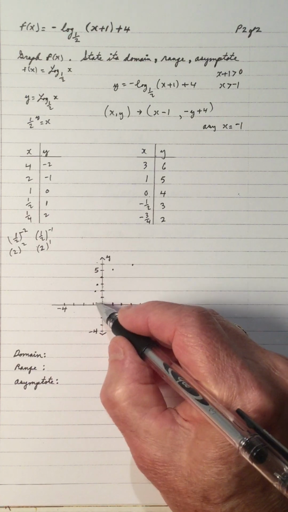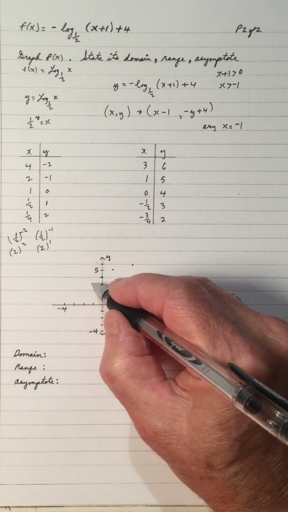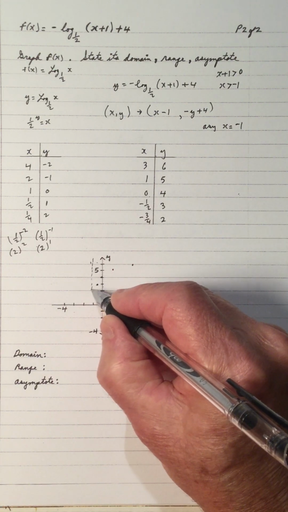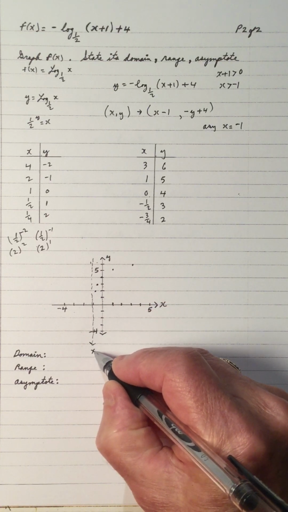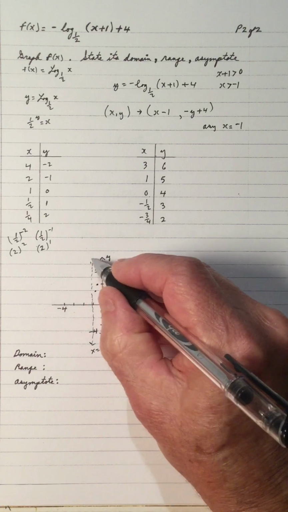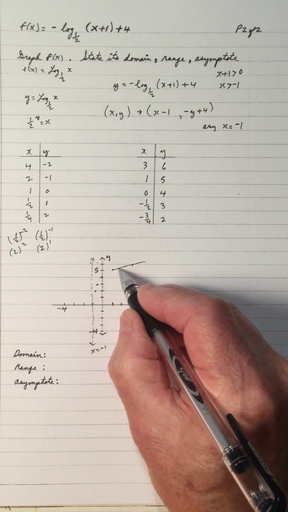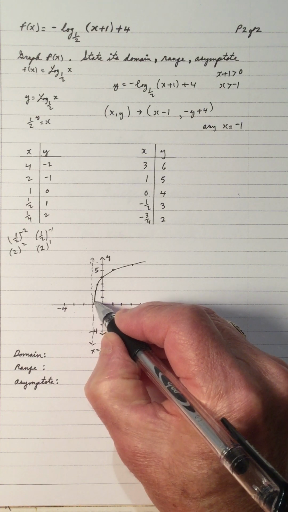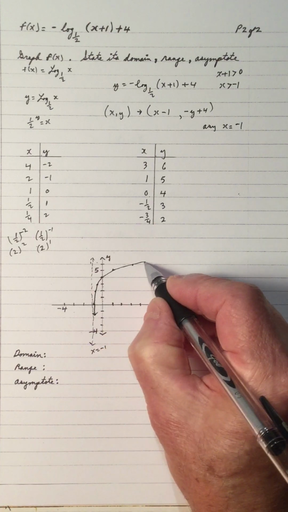So you can see, now we said the asymptote was x equals negative 1. So if we put a dotted line down here like this, there's the asymptote. This is x equals negative 1. So the graph is working like this, comes down, and it gets closer and closer and closer, but it never touches.